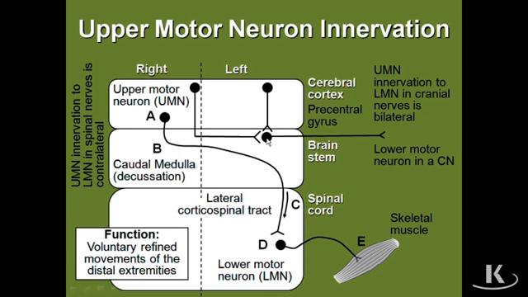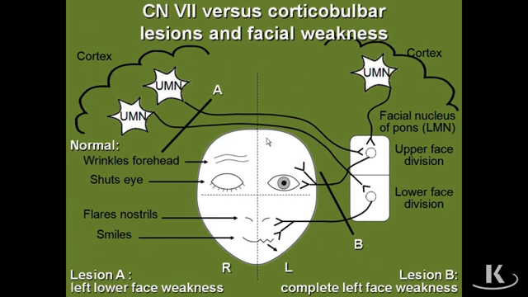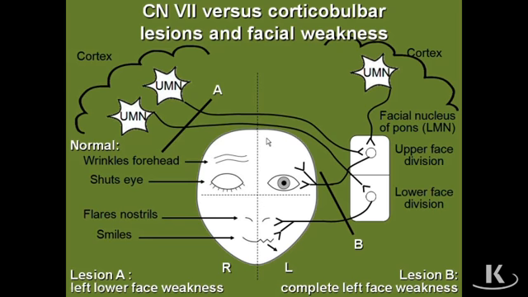The exception to this bilaterality is illustrated in the picture on the next page, where it turns out that only some of the lower motor neurons in the facial nerve are receiving a bilateral corticobulbar innervation. And you can see in the illustration here which ones those are.